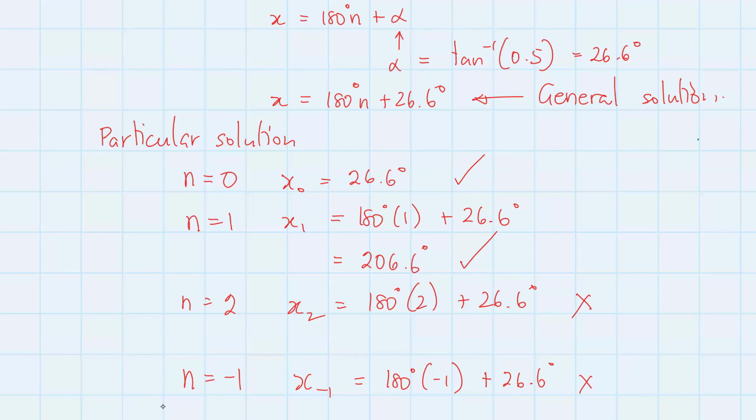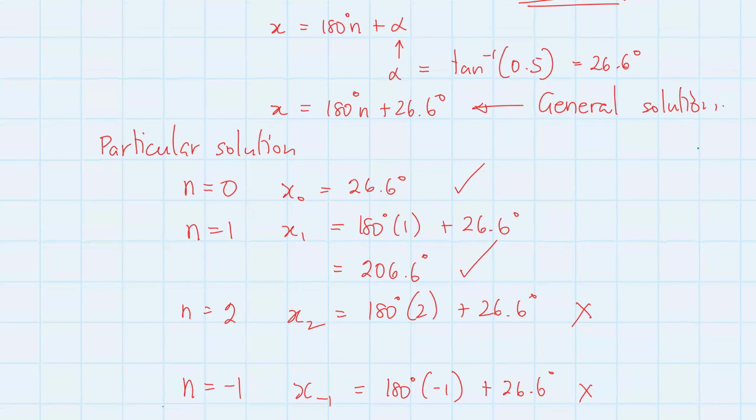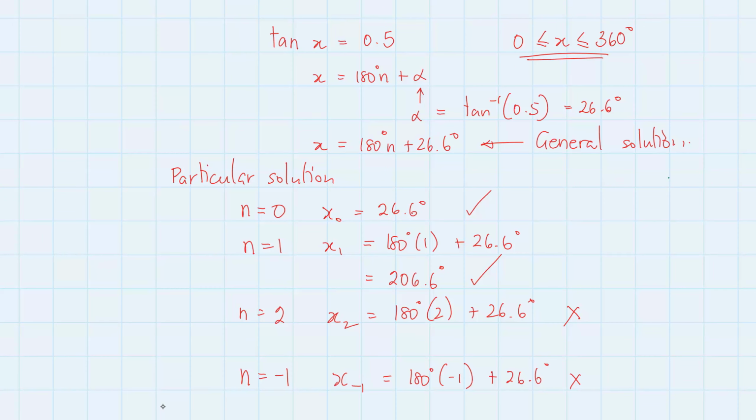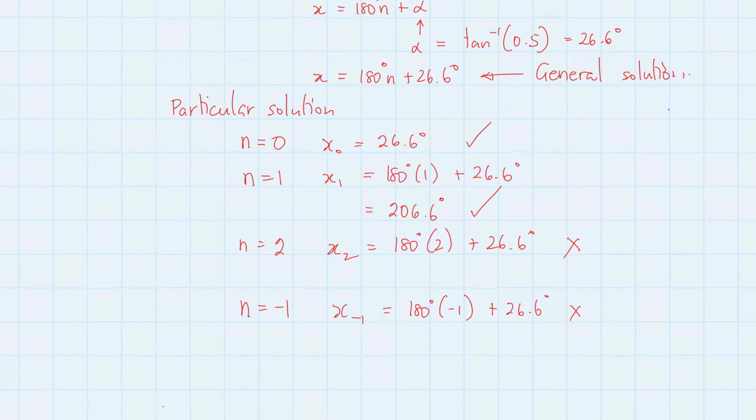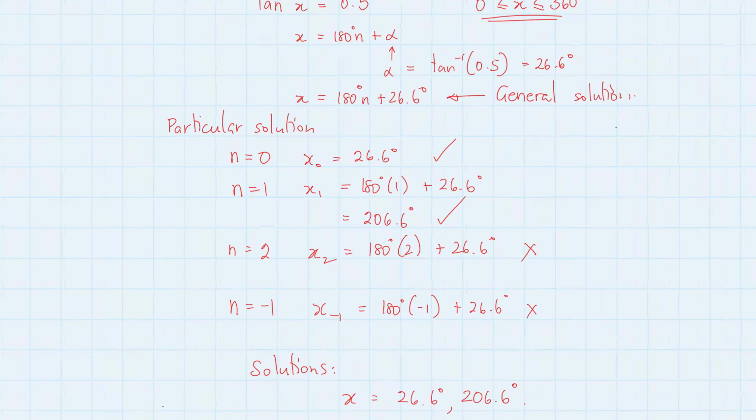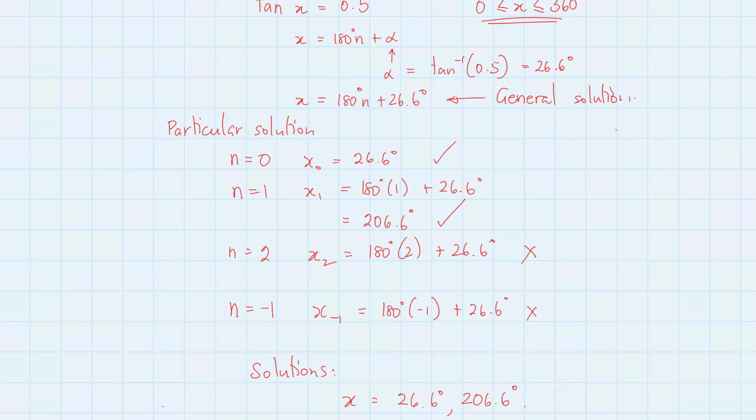I know that's not going to be within my domain, 0 to 360, because that's going to be a negative number, so I don't have to worry about that. So there are only two solutions: x equals 26.6 degrees and 206.6 degrees. We'll do a few more of those in a little bit more detail and less messy than what I've done here later on.